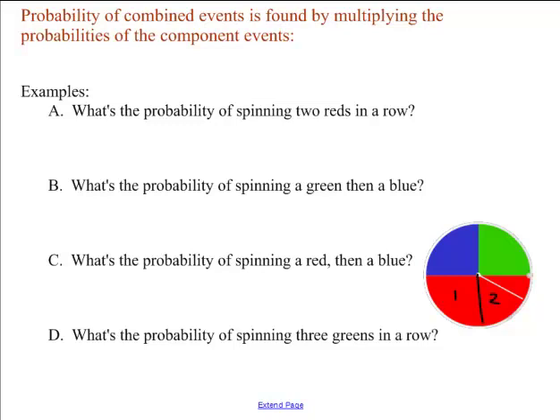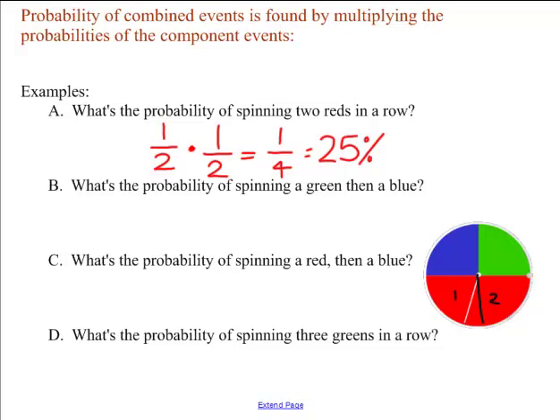So that means the probability of getting a red the first time around is 1/2. Now, it doesn't matter that I got a red the first time around, because if I spin this again, the probability of getting another red is still 1/2. And if I multiply those two things together, it tells me the probability of spinning 2 reds in a row is only 1/4 or 25%.